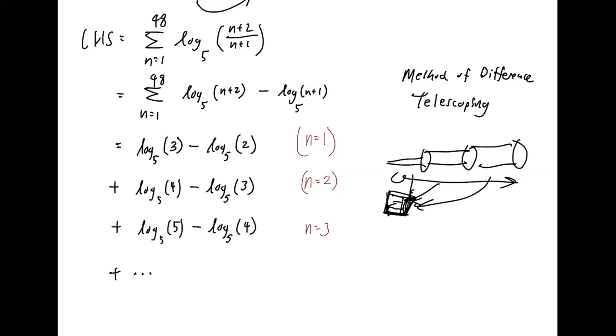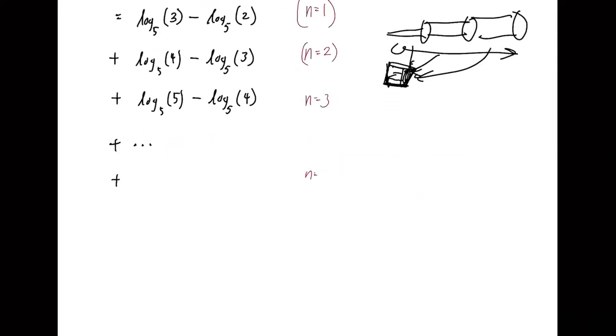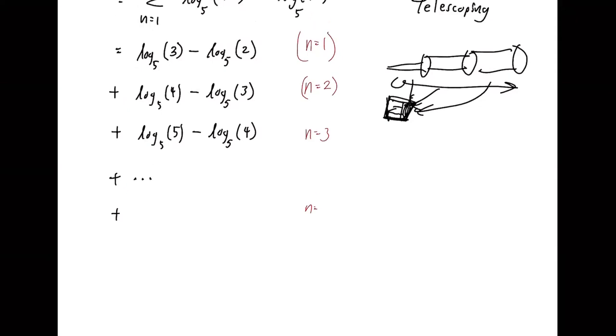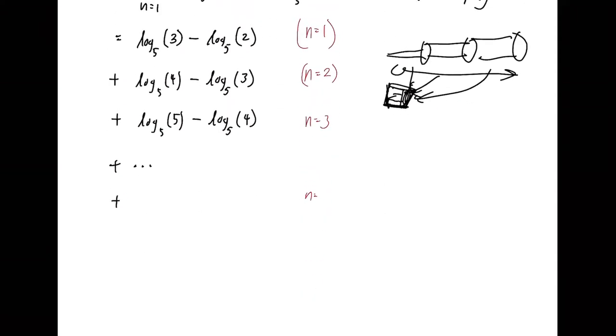Continuing on, plus dot dot dot, you can go on to the last 3 terms. So n equals to what do we want? We end with 48, right? So let's just continue until 46, 47, and then finally 48, and see what those values are. So if n equals 46, we'll get what?